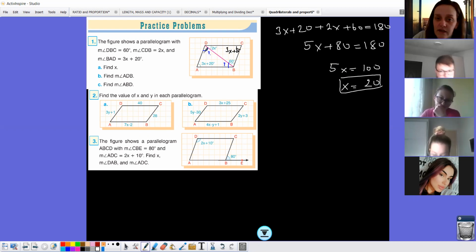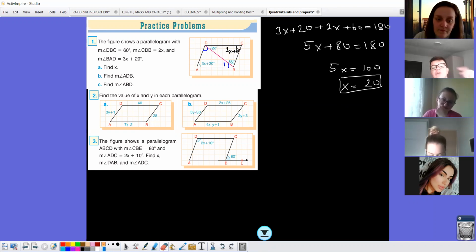Now, if we know x, can we find these angles? Yes, teacher, we can. We said that the diagonal forms two congruent triangles, so their angles are equal to each other. So if this one is 60, also this one is 60. Alternate interior angles, do you remember?